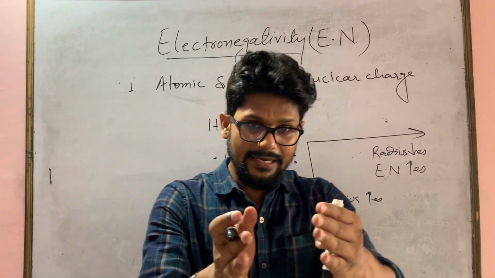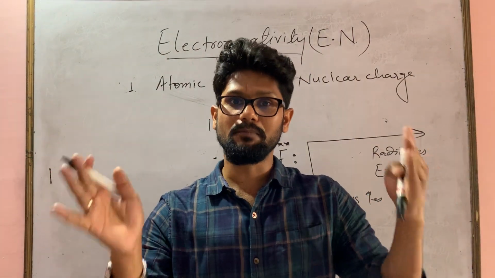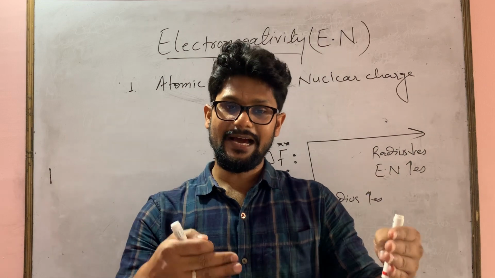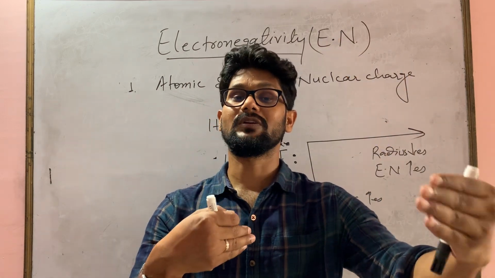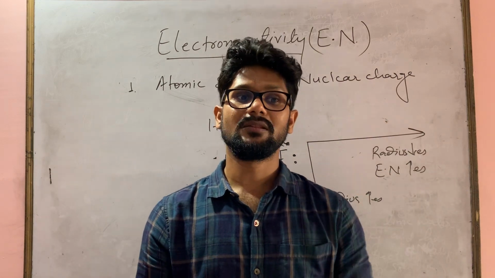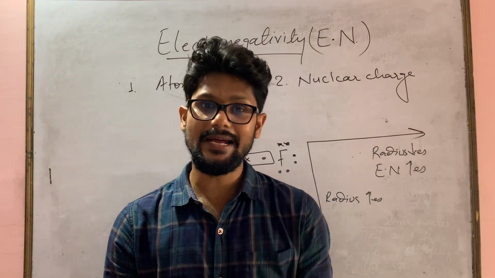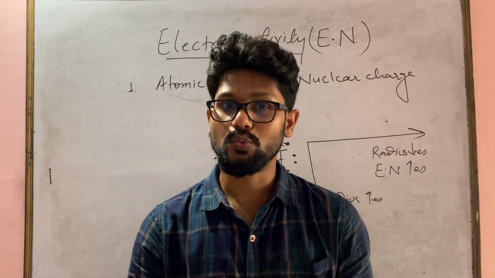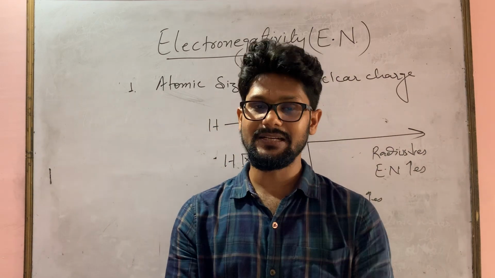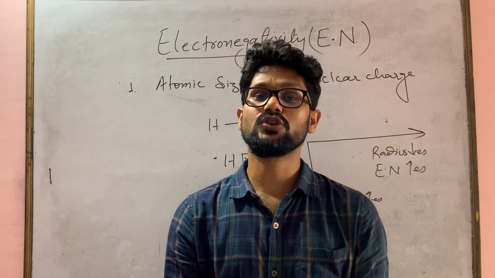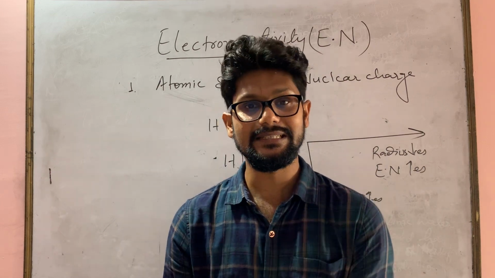If atomic radius increases, size will be bigger, then the attraction between the nucleus and the outermost electron will be less. It means the tendency to attract the electron towards itself will decrease. If that tendency decreases, it means the electronegativity property decreases.